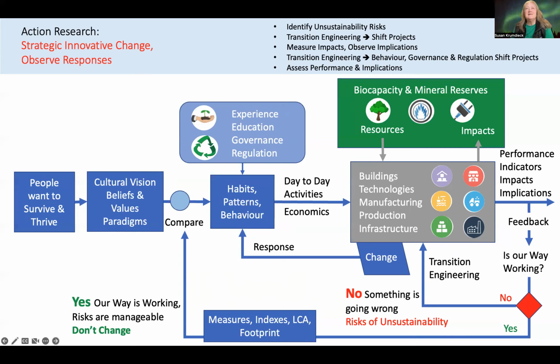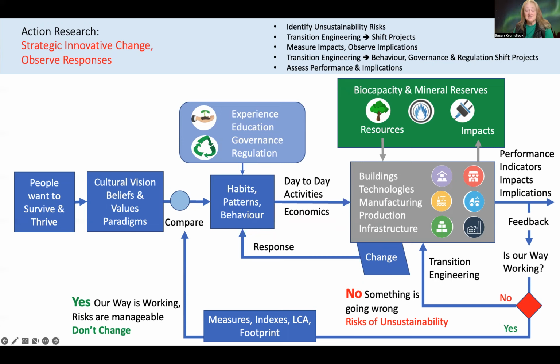The punchline of this model is that transition engineering, you notice what it doesn't do. It doesn't have to change our governance. The governance will change as the system changes. It doesn't just say, let's change behavior.